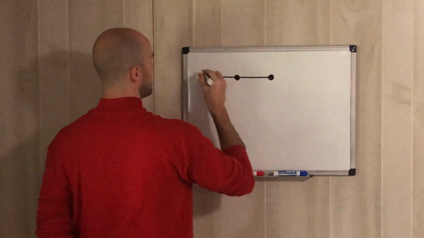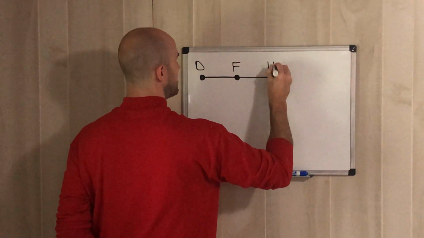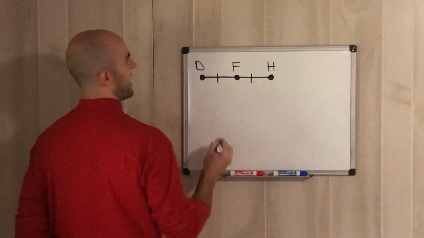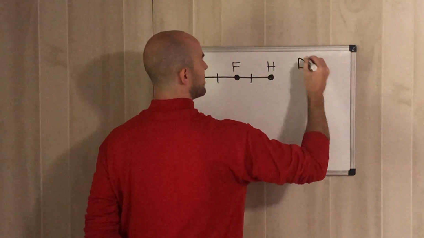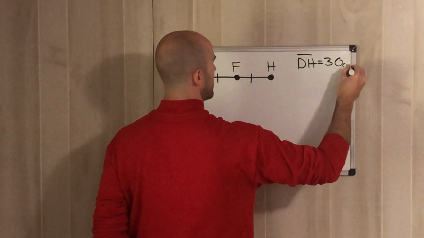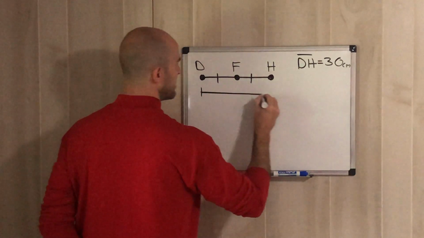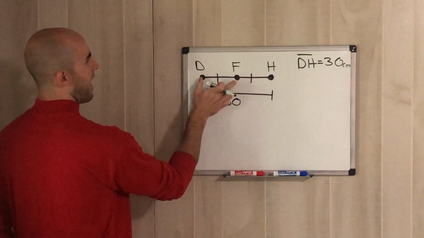This is D, that's F, that's H. And I'll tell you that DF is congruent to FH. If I were to tell you now that DH is equal to, let's say, 30 centimeters, so this whole thing is 30, and all I want to do is find DF.